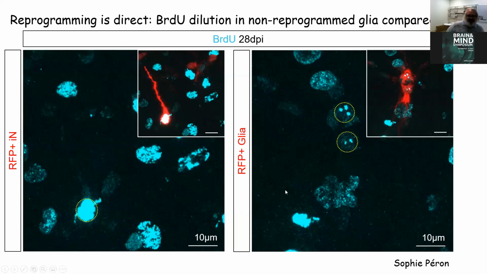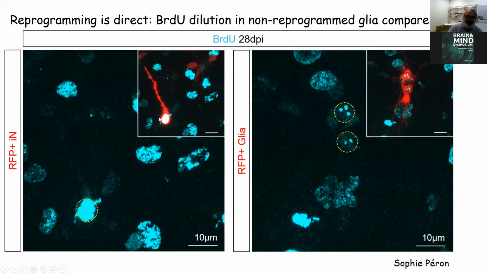Maybe a side conclusion that I want to make is that there are cells that reprogram and there are cells that fail to reprogram. One interesting thing is that if you quantify the level of BrdU labeling in cells that successfully reprogram versus those that fail to reprogram, there are higher BrdU levels accumulating in the converted cells.